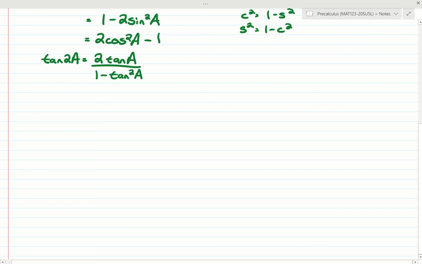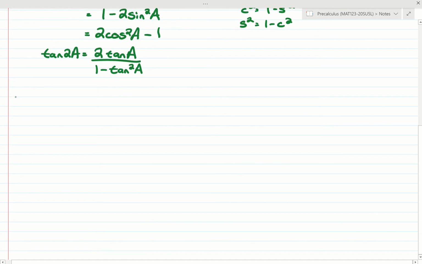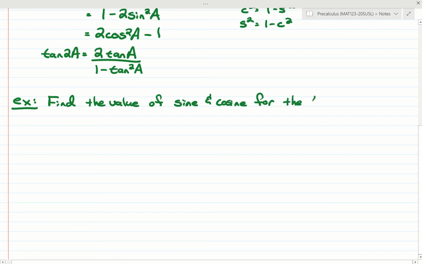So let's take a look at some examples. What if I asked you to find the value of sine and cosine for the following.